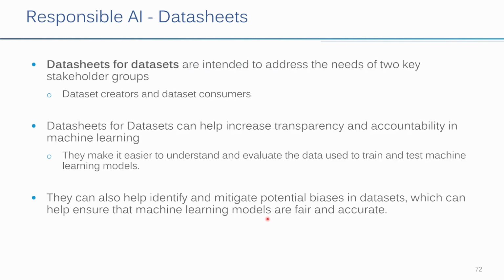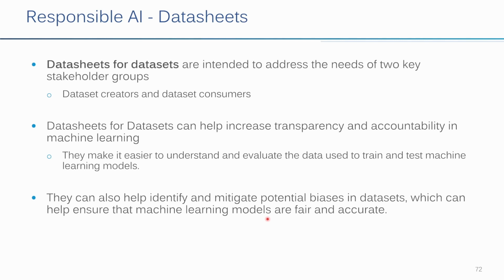So the data sheets for datasets are intended to address the needs of two key stakeholder groups, dataset creators and dataset consumers. So the people that are creating datasets and the people that are using them should be aware of the characteristics of those datasets.